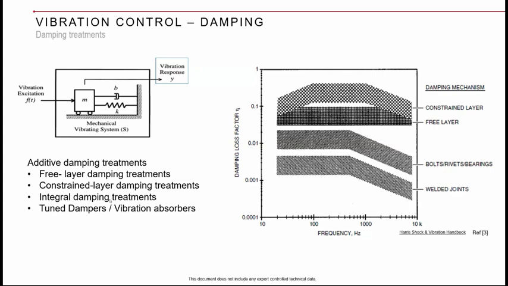And then you have integral damping treatments, which can come from the kind of construction itself. And then the tuned dampers or vibration absorbers. You see the damping mechanism contribution from various sources. Constrained layer damping actually gives higher damping among all. So that is a topic of interest for many to adopt this kind of additive damping treatment.